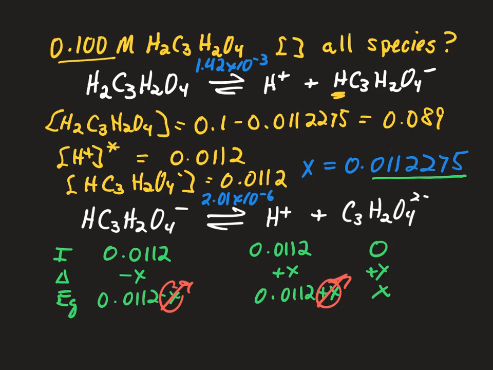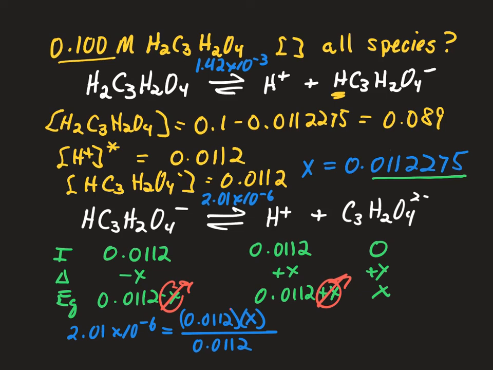And so when we calculate this out, we get 2.01 times 10 to the minus 6. Our hydrogen ion concentration is 0.0112. We've got our x, our undissociated acid concentration, our hydrogen malonate ion, is also 0.0112.